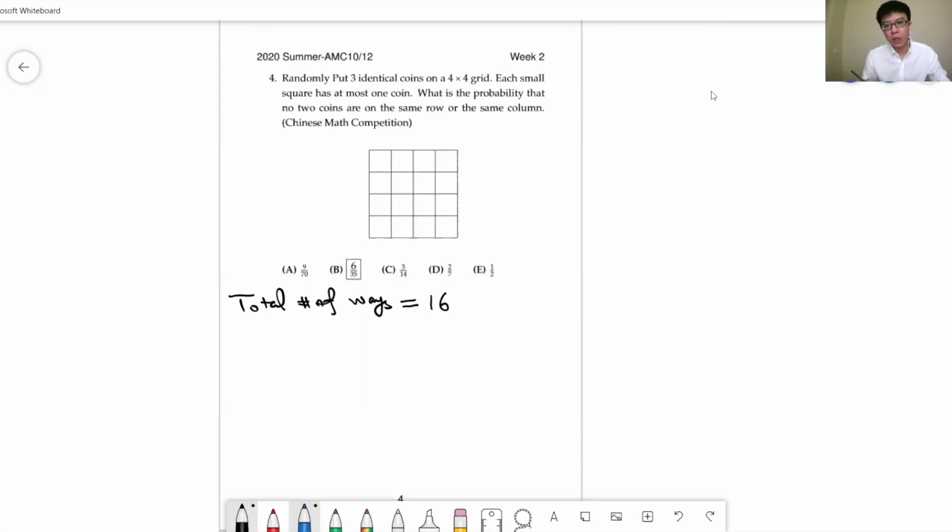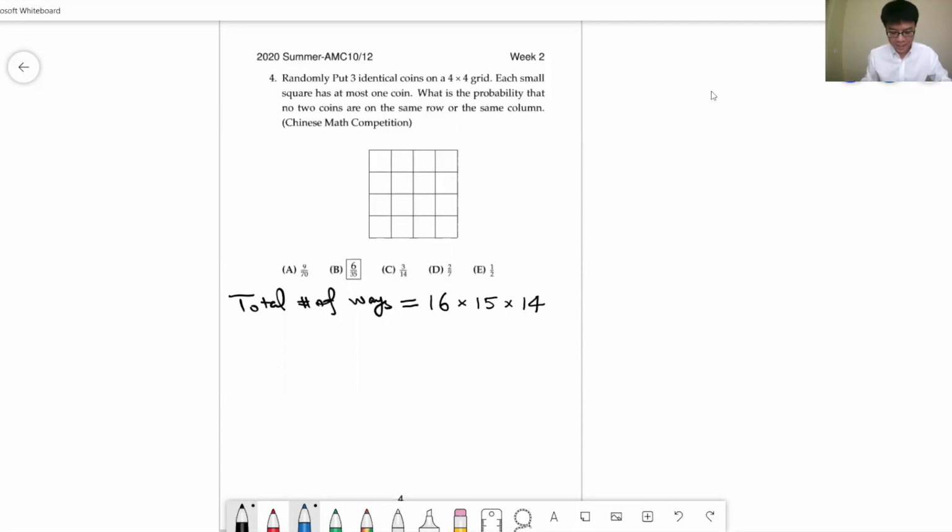And then we put the second coin. Because each square can have at most one coin, there are 15 choices remaining. So there are 15 choices for the second coin. Similarly, there are 14 choices for the third coin. Okay, that's the total number of ways to put these three coins in this order.